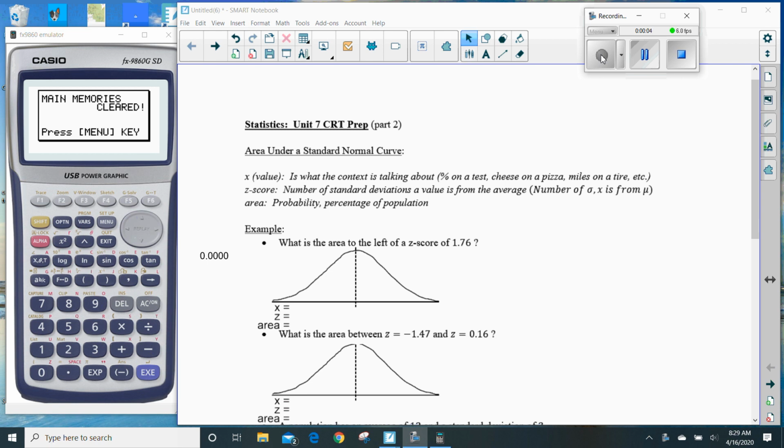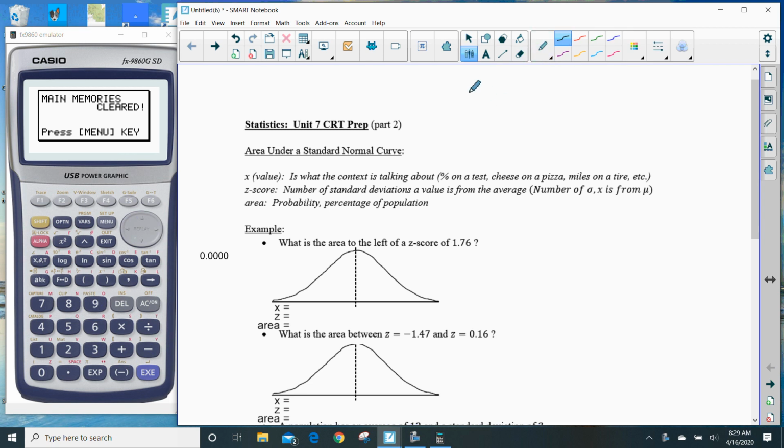What we are going to be talking about right now is Unit 7 CRT preparation. This is Part 2. We already covered Part 1, and what was covered in Part 1 is how to create z-scores. So, a quick review of that. We know that z is equal to x minus mu, divided by sigma.